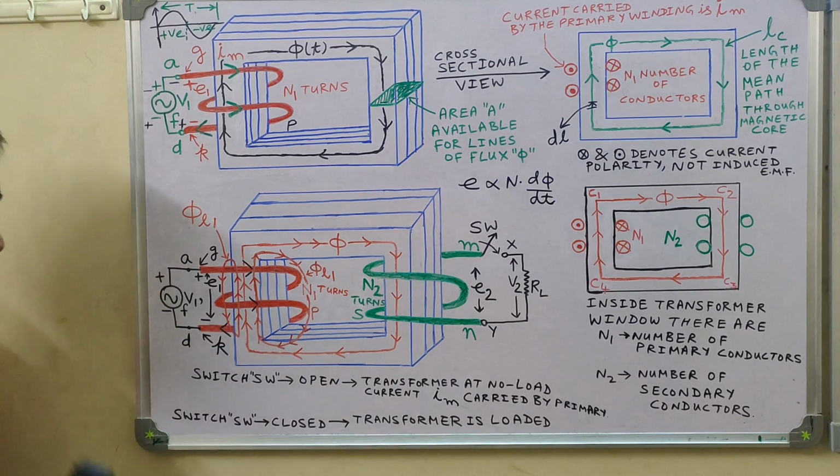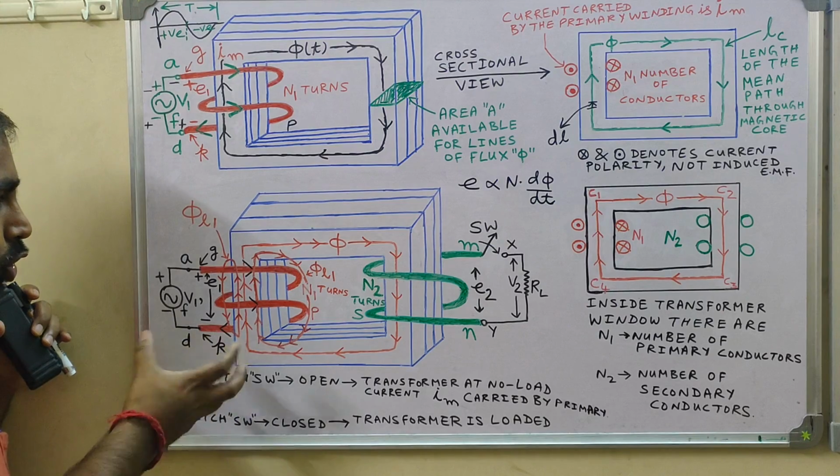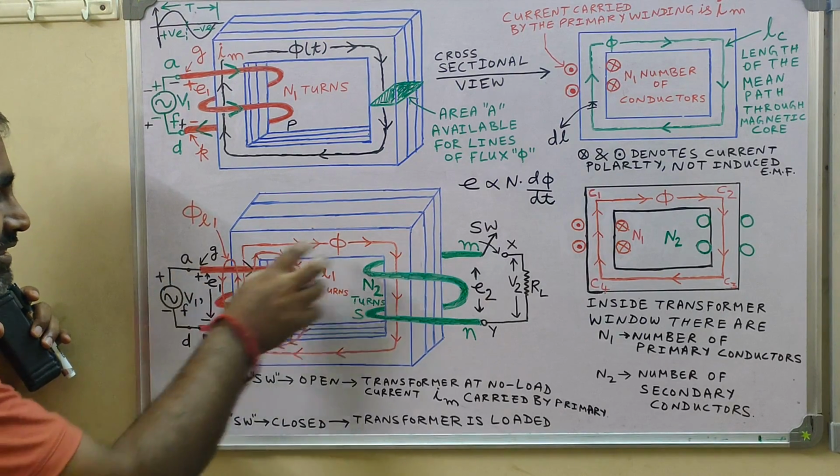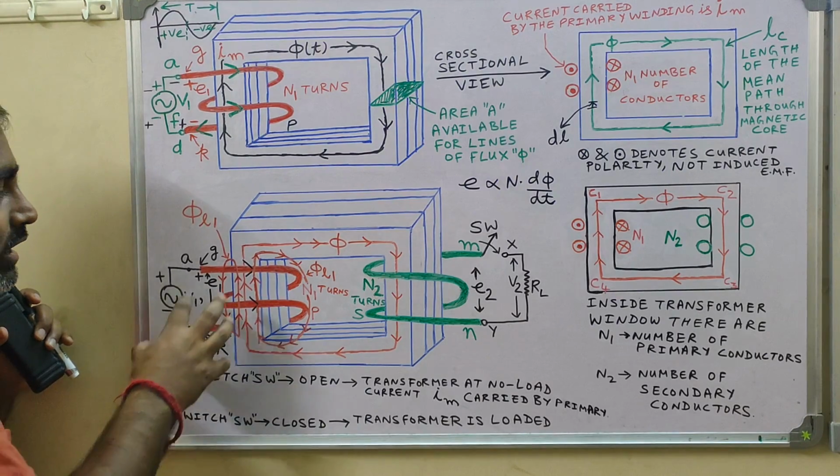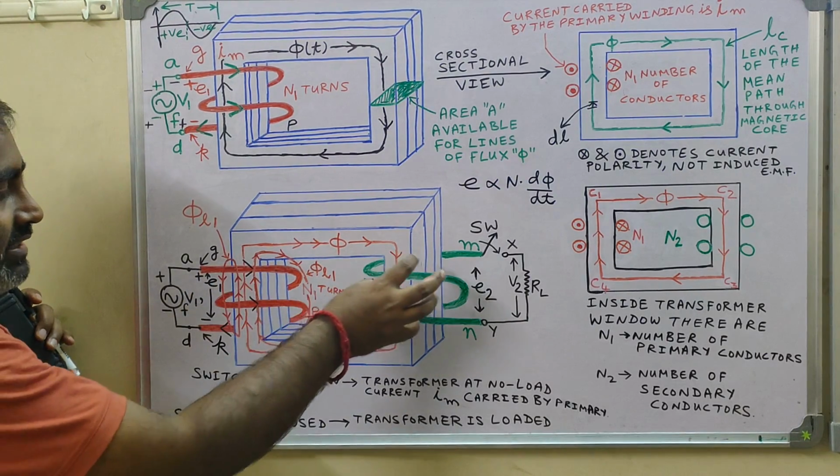So for energy transfer to happen between the primary coil and secondary coil, we need a magnetic flux, and that magnetic flux should be the mutual flux. Mutual flux means it should be linking both the primary coil as well as the secondary coil.